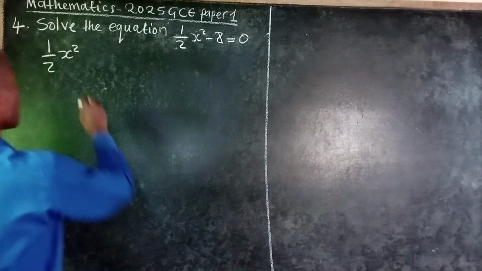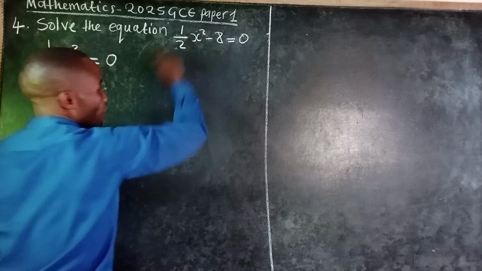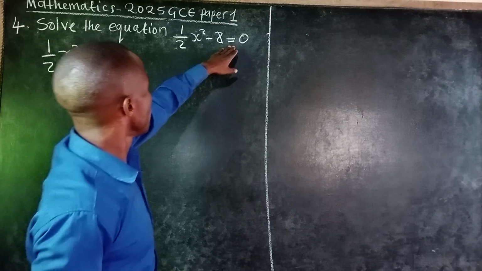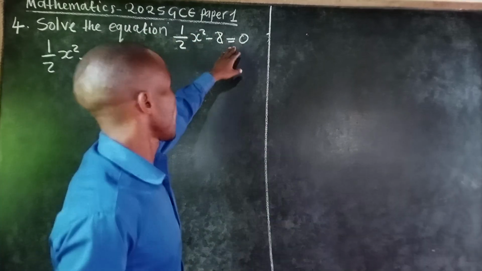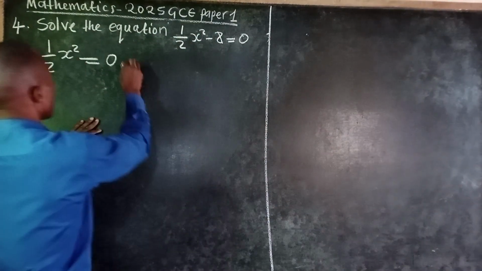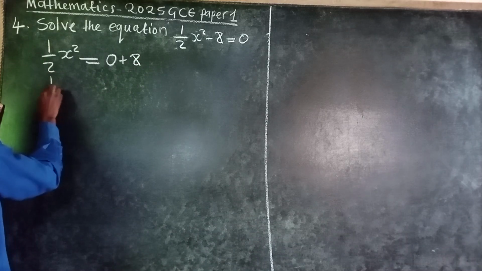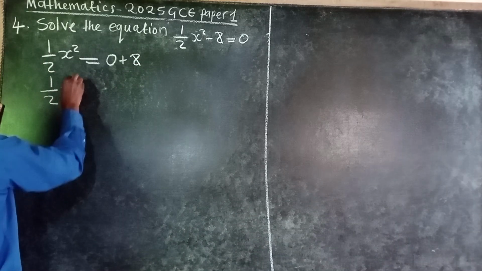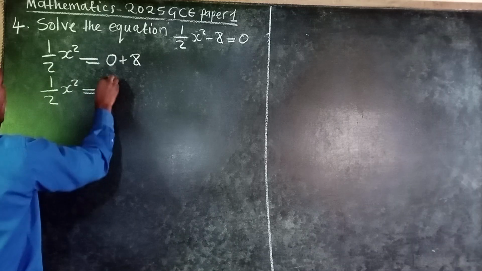Okay, so we say equals 0. Then this is negative 8. So the moment it just crosses the equal sign, it will become positive. So you say plus 8. Okay, then from there, you can simplify further. 1 over 2 x squared is equals to 0 plus 8, the answer is 8.